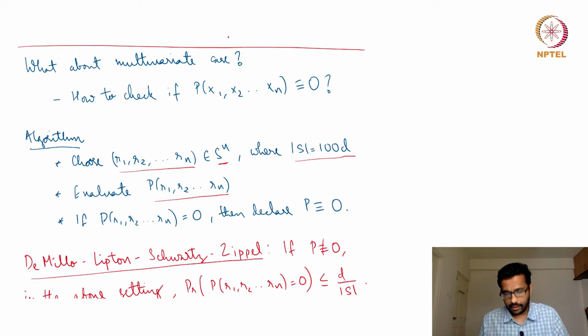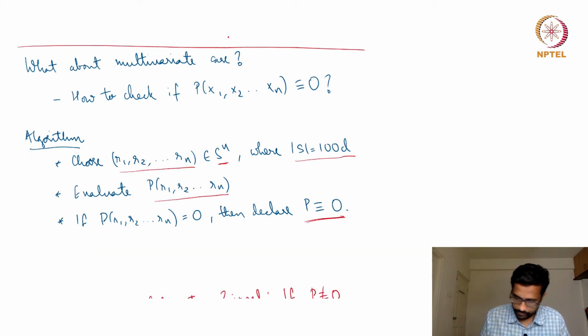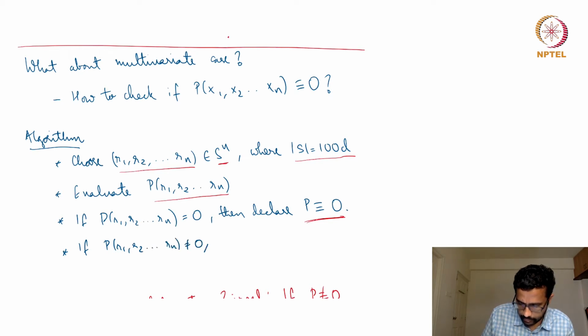If the polynomial at R1, R2 up to Rn evaluates to 0, then you declare that the polynomial is identically the 0 polynomial. If it evaluates to a non-zero value, then you declare the polynomial is not identically 0.